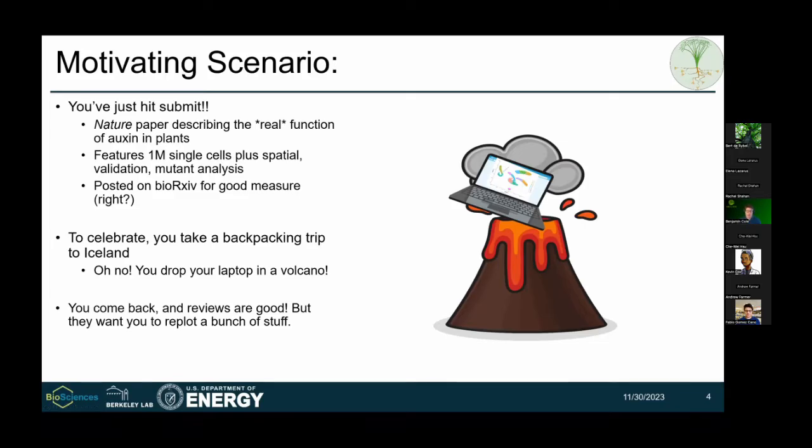But one of the reviewers wants you to generate like 50 new plots of gene expression profiles from your data, and you don't have it. The question is, do you have enough of your analysis pipeline? Is it reproducible enough that you can go back and prepare those to finally get your paper submitted? So really, how prepared are you to regenerate and reproduce the results that you've put out there?